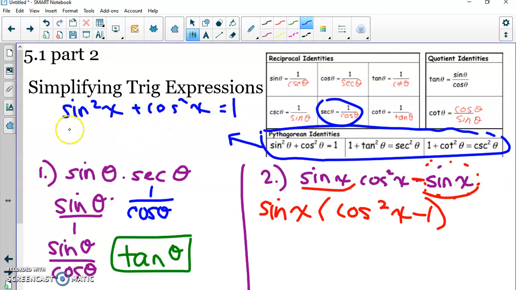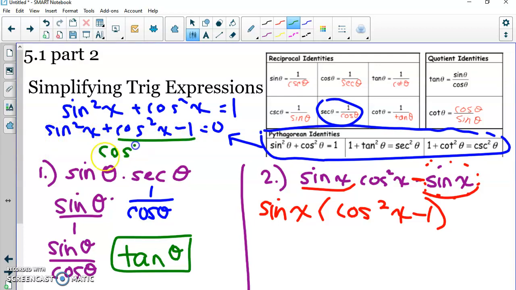I need to subtract 1 on both sides. So sine squared x plus cosine squared x minus 1 equals 0. I want this to be isolated, so I need to subtract sine squared to the right. So cosine squared x minus 1 is in fact equal to negative sine squared x. So this, in parentheses, using the Pythagorean identity, can simplify to negative sine squared x.